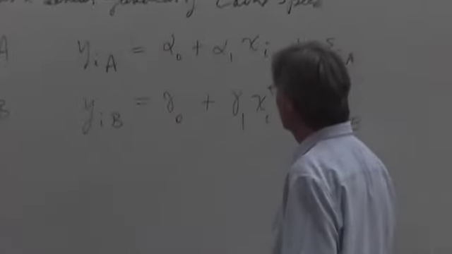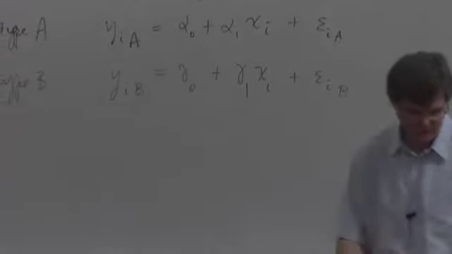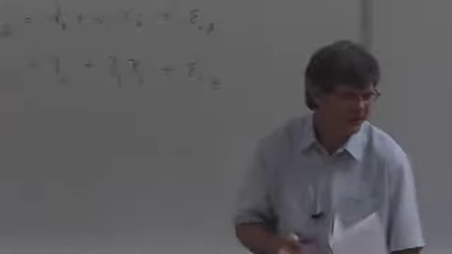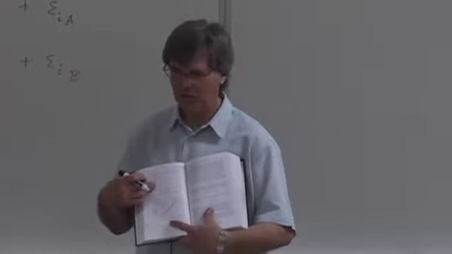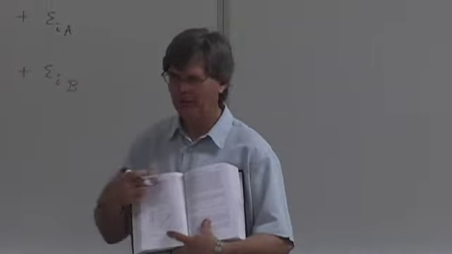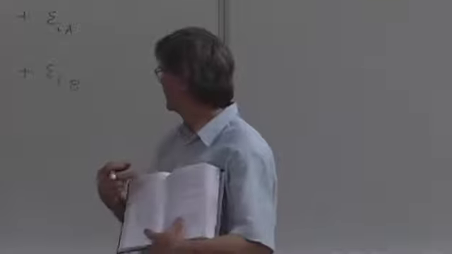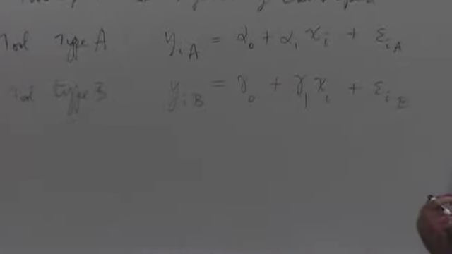So, there are two kind of natural hypotheses. One is that if I fit straight lines to each of those sets of dots separately, one question would be, are they parallel lines? Is alpha 1 equal to gamma 1?